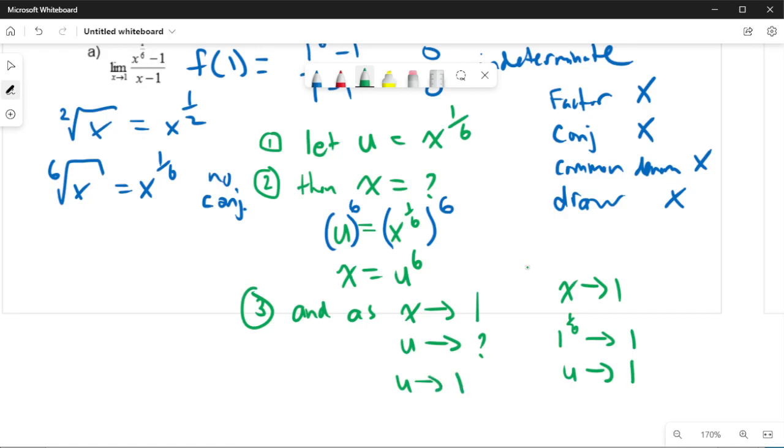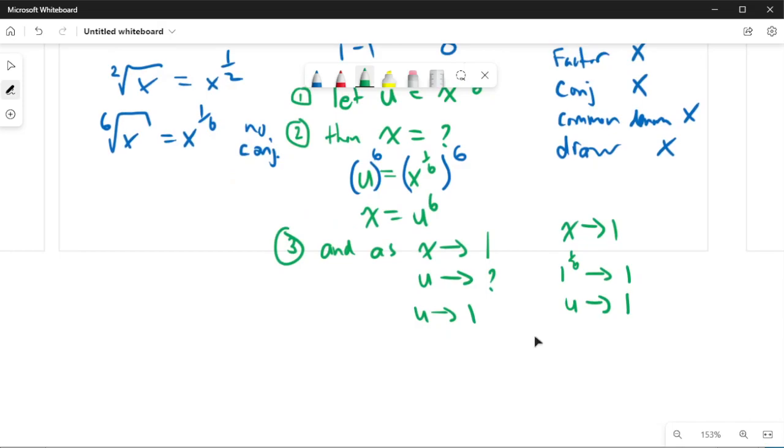The reason I mentioned before why I don't want to do both questions with x approaching 1 is because when x approaches 1, typically u also approaches 1, and that is a simplification we just want to make sure we don't fall into by accident. In this particular question, because as x goes to 1, u also goes to 1, the limit doesn't really change. But I'll show you an example afterward where the limit does change. It doesn't make it any harder. It's just something we need to be aware of.